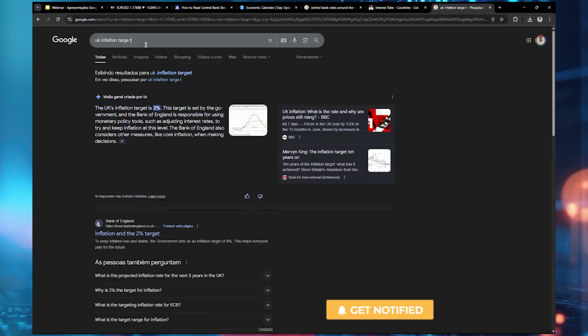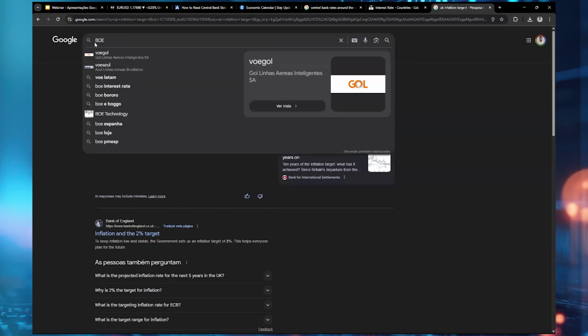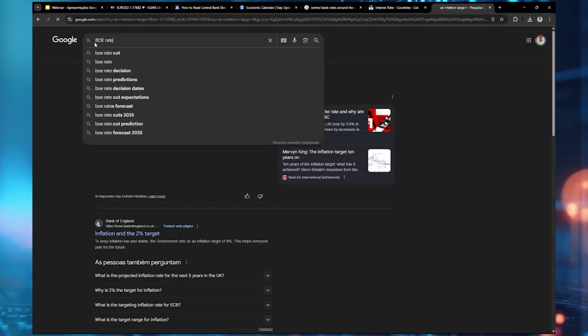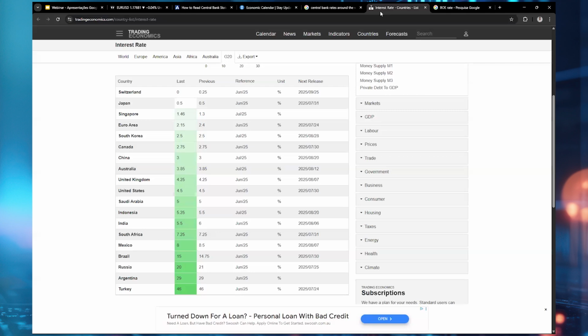Okay, but when you look at BOE rate, it's here. BOE rate is at 4.25%. So they've lost the timing to cut. And I think the one that did the best was Euro.